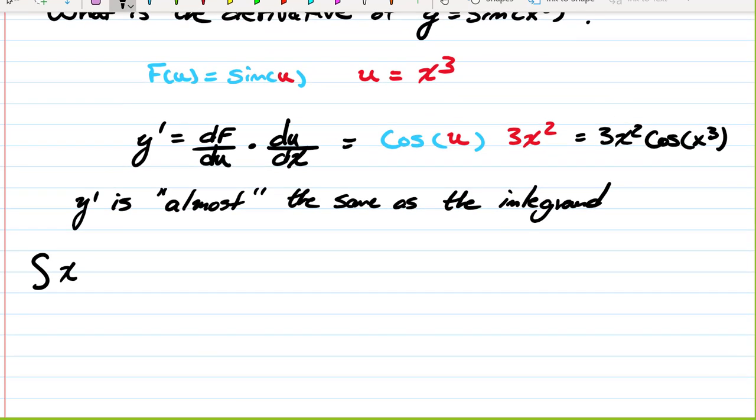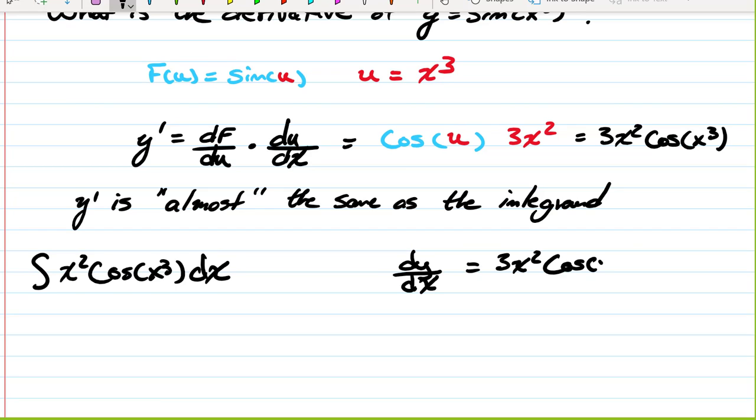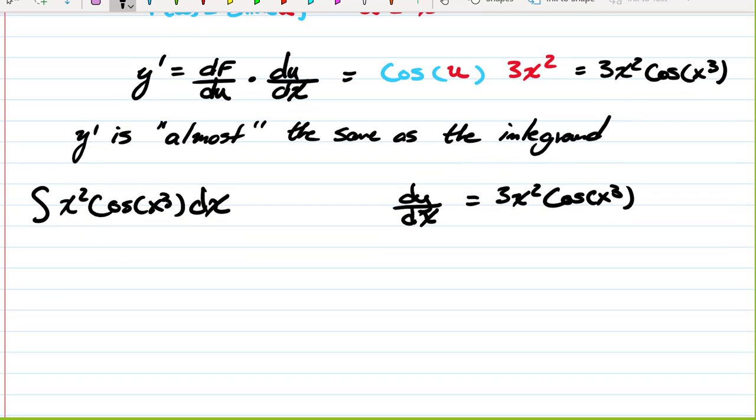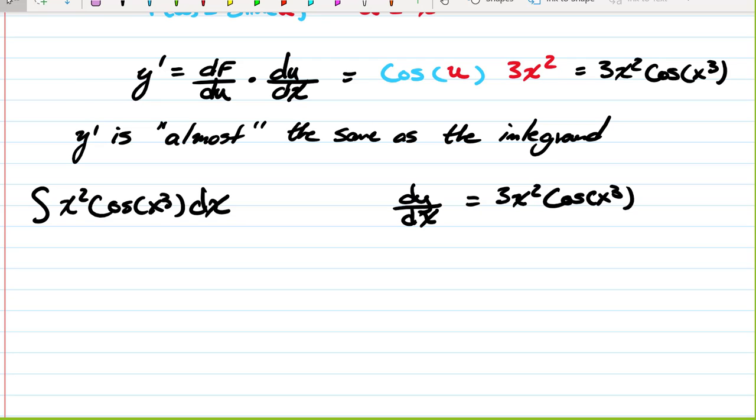We have the integral of x squared cosine x cubed dx, and I'm going to use the Leibniz notation. Our derivative dy dx is the same as 3x squared cosine x cubed. This is one of the situations where the Leibniz notation really shines. We can treat our derivatives in Leibniz notation as a fraction, so we can solve this for dx.